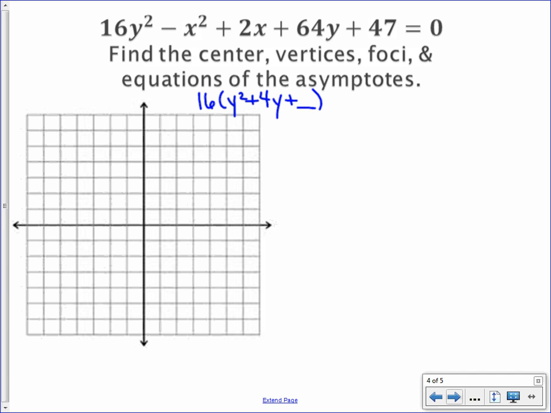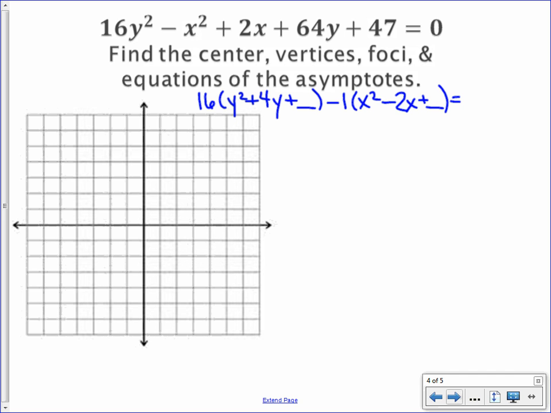What is our coefficient for x squared? -1. So that -1 has to be factored out of the x squared, which means it also needs to be factored out of 2x, which would make it a -2x.